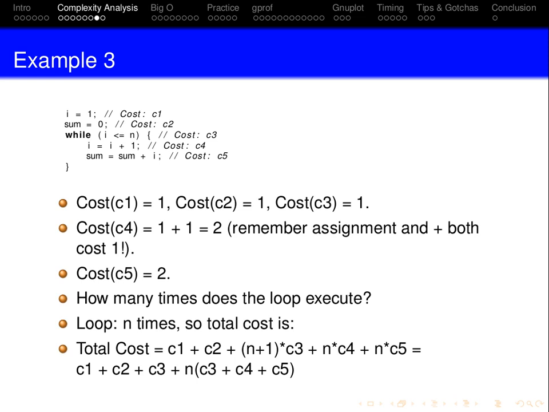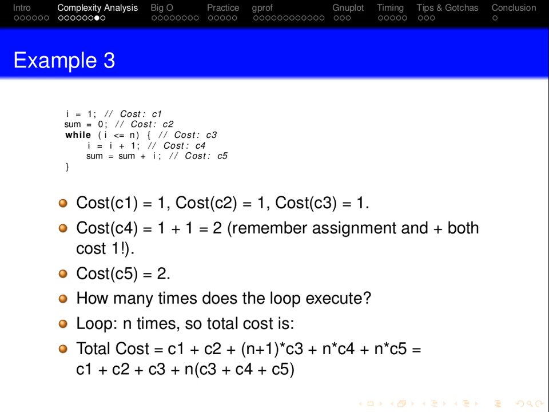We end up executing C3 n plus 1 times because that's the conditional of the loop, right? We execute C4 n times because that's the loop's body. C5 is executed n times because, again, it's inside the body, or if it was a for loop, it would have been the post-iteration statement. So we execute that n times as well. Okay. And now that we have math, we just multiply it out and call it a day.